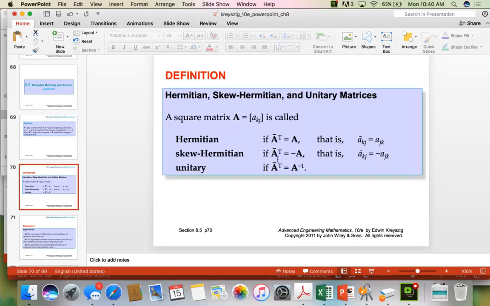It's skew-Hermitian if its conjugate transpose is equal to minus A, and is referred to as unitary if its conjugate transpose is equal to its inverse. So these are the three definitions. Now, these are actually general definitions. They generalize the definitions of symmetric, skew-symmetric, and orthogonal into the complex space.